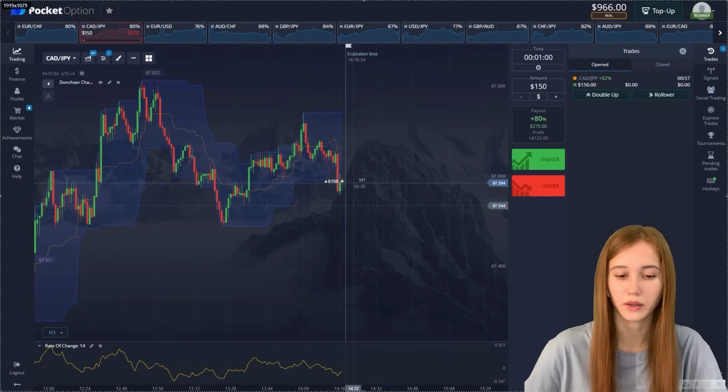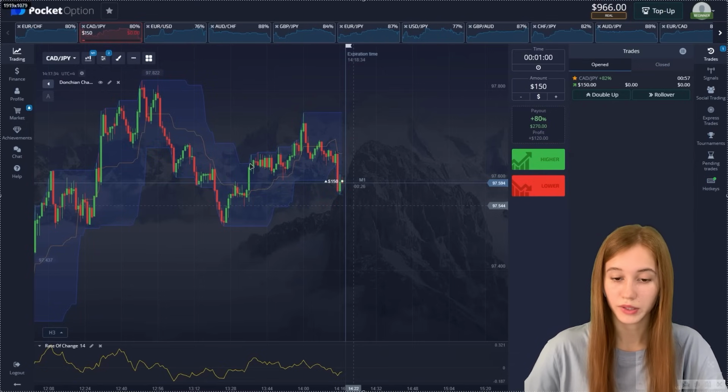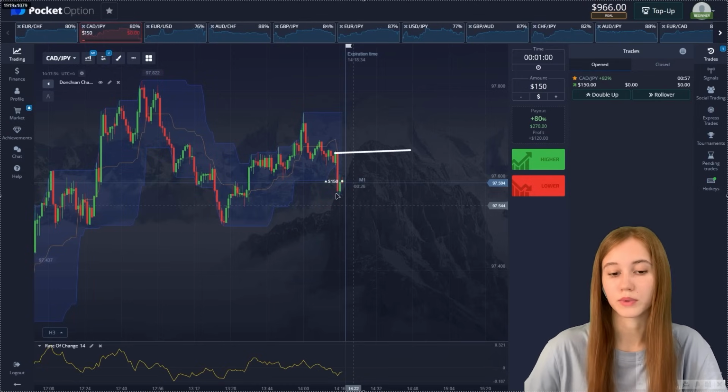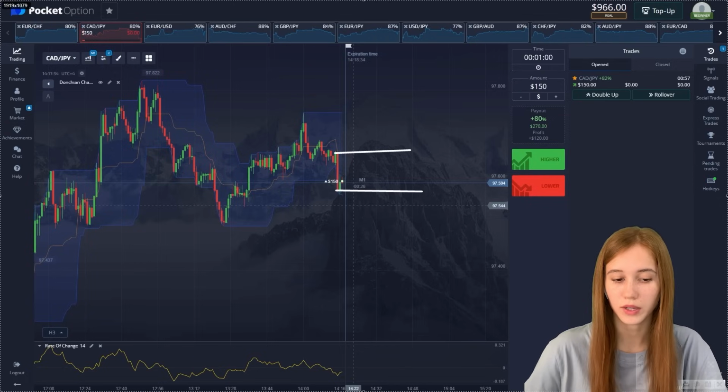First, we're in the lower range in Donchian Channels. So we see we are below the average line in a slight drawdown. Further, if we choose a resistance area and a support area, the price will most likely move towards the resistance area. Therefore, we opened up.